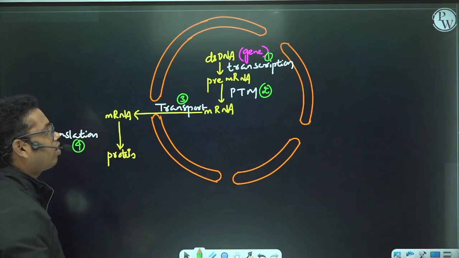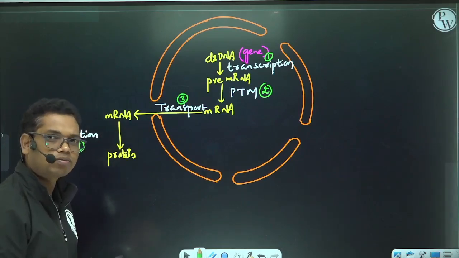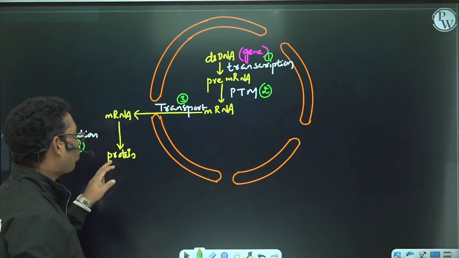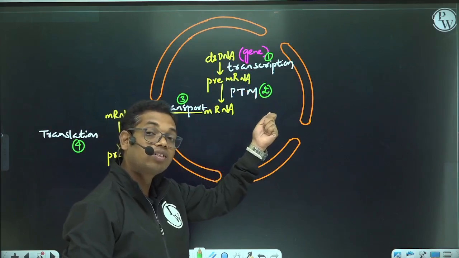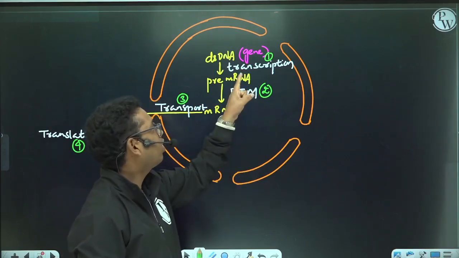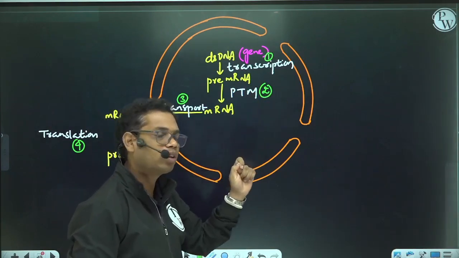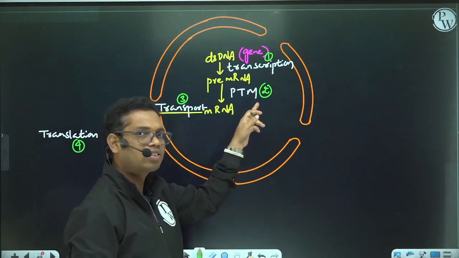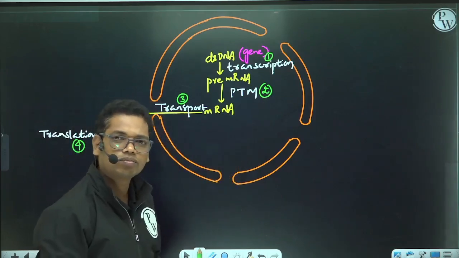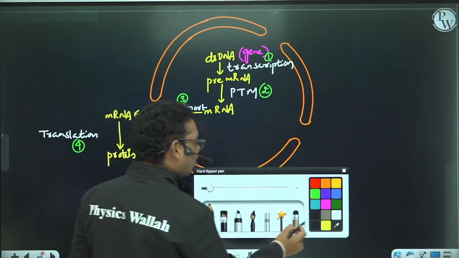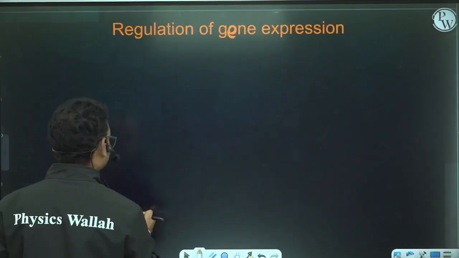So these are the 4 different levels of gene regulation. Formation of protein by this gene is called expression of this gene, and the expression can be regulated at 4 levels. Transcription level means initiation of transcription. Second, post-transcriptional modification level, which includes splicing. Third, transport level. Fourth is translation level.